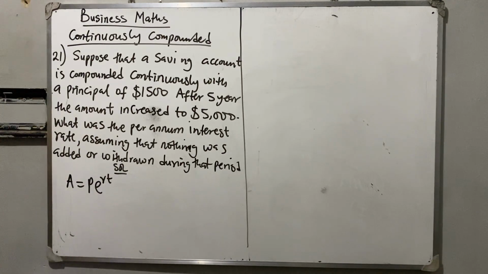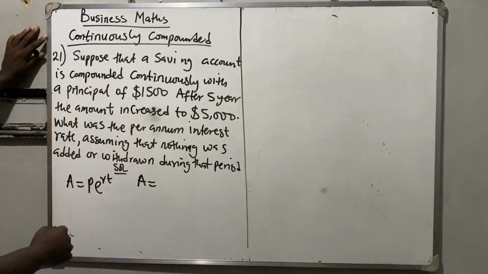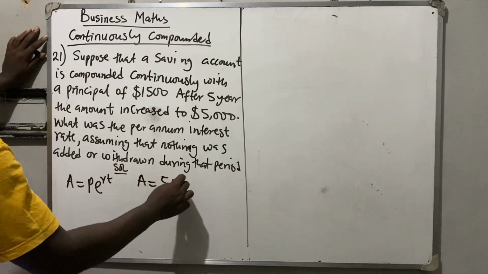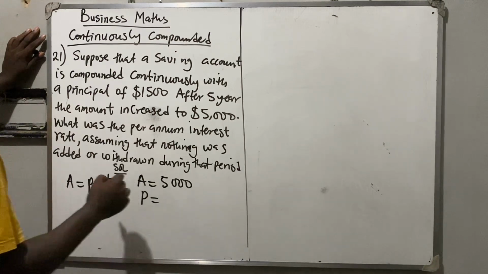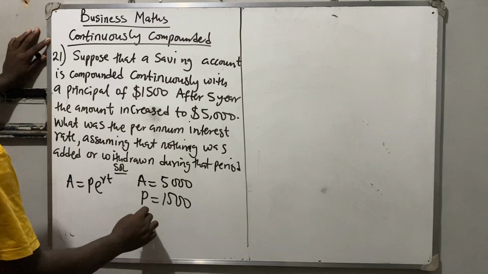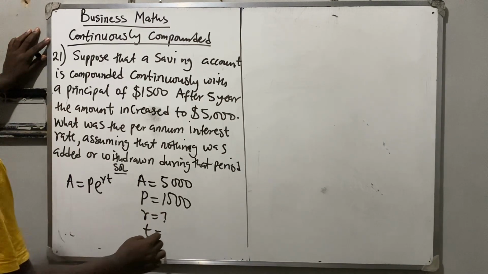Very simple. So from this point, our A, the amount, is 5,000, and P is the principal of 1,500. Then our rate is what we are looking for, and our time is 5 years.